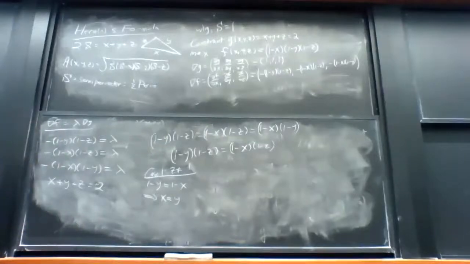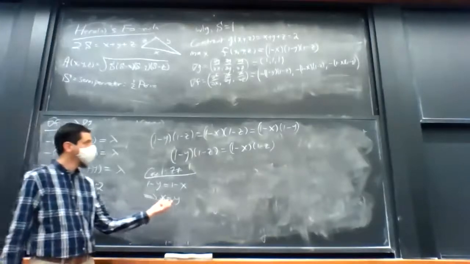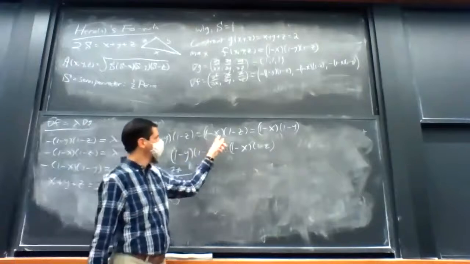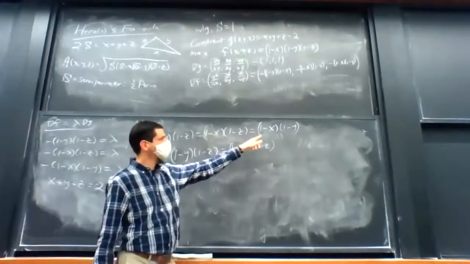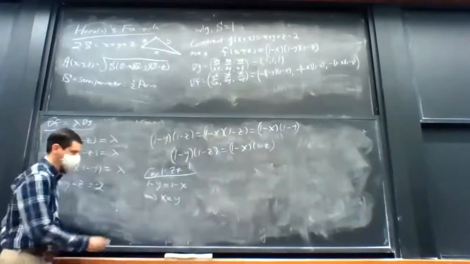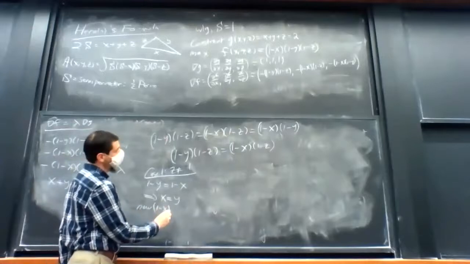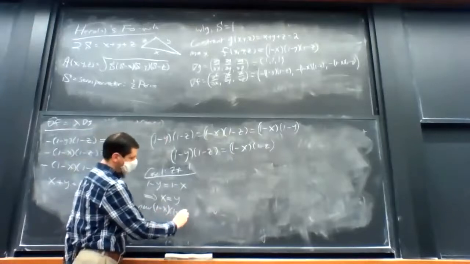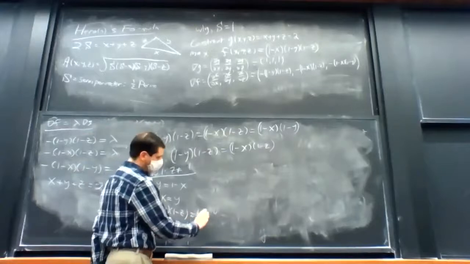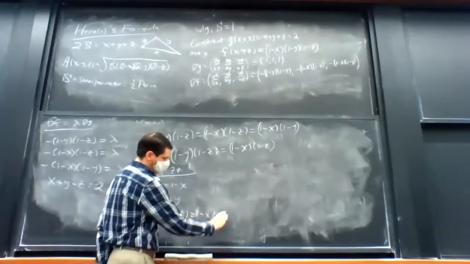Could you already assume? Oh, never mind. Yeah. And so now that we have x equals y, we can look at the last equation. 1 minus x, 1 minus z equals 1 minus x, 1 minus y.